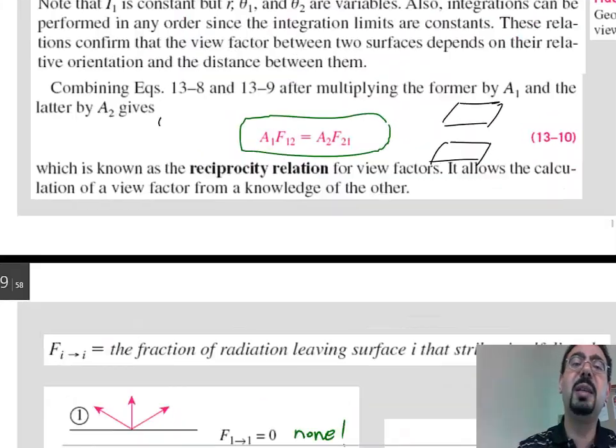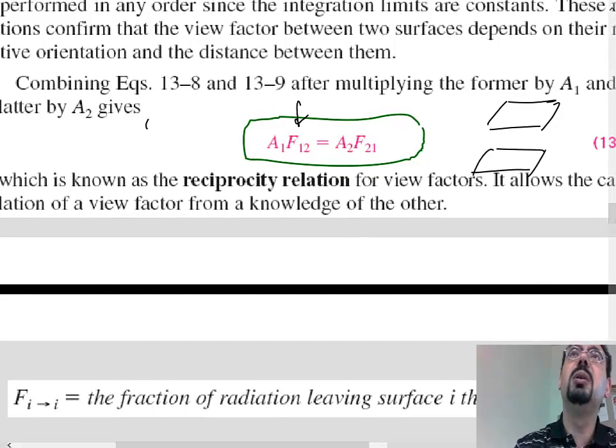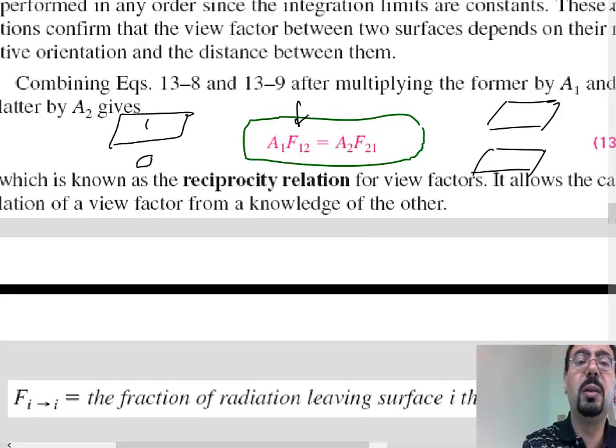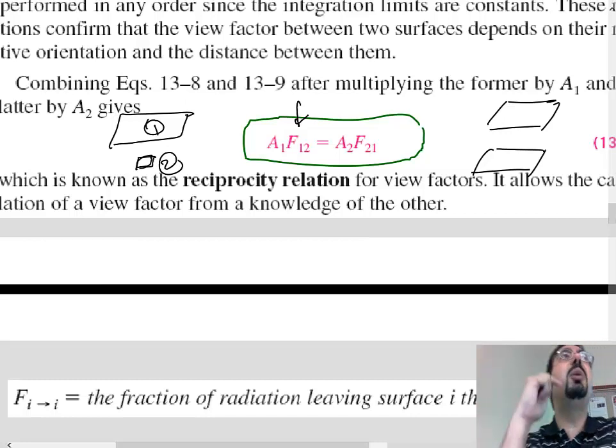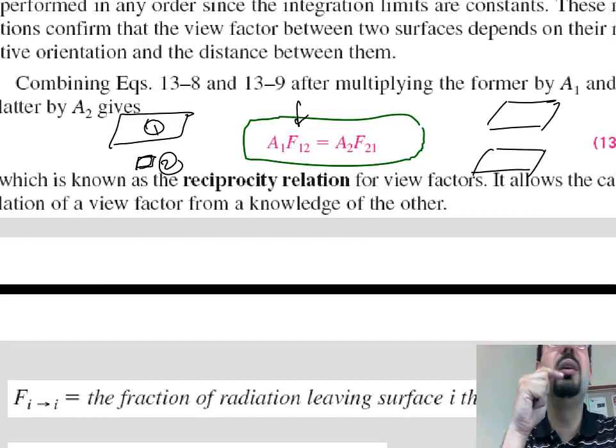The first one of them is this. If you can find a table that will give you F12, again, this big body to a small body, here is 1 and here is 2. But there is no table that gives you how much is F21, how much radiation is leaving the small guy and going to the big guy.